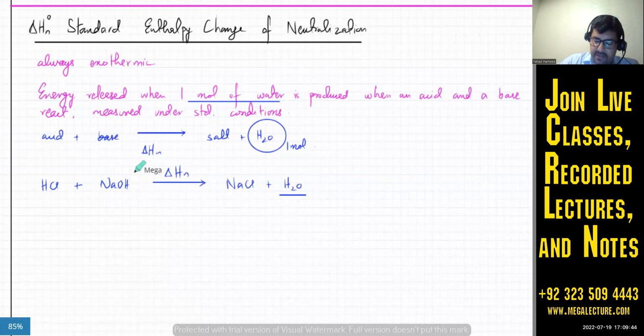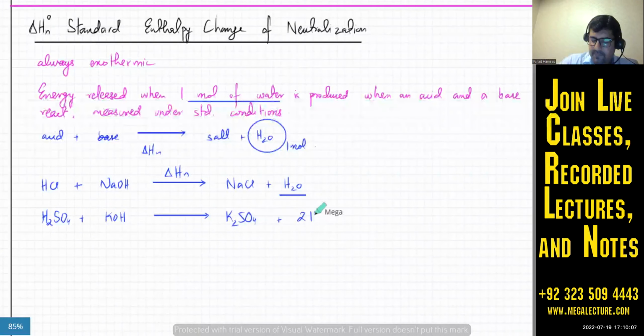That's another example. If I have H2SO4 and that H2SO4, let's say, reacts with KOH, it will produce what? It's going to produce K2SO4, and it's going to produce water molecules.